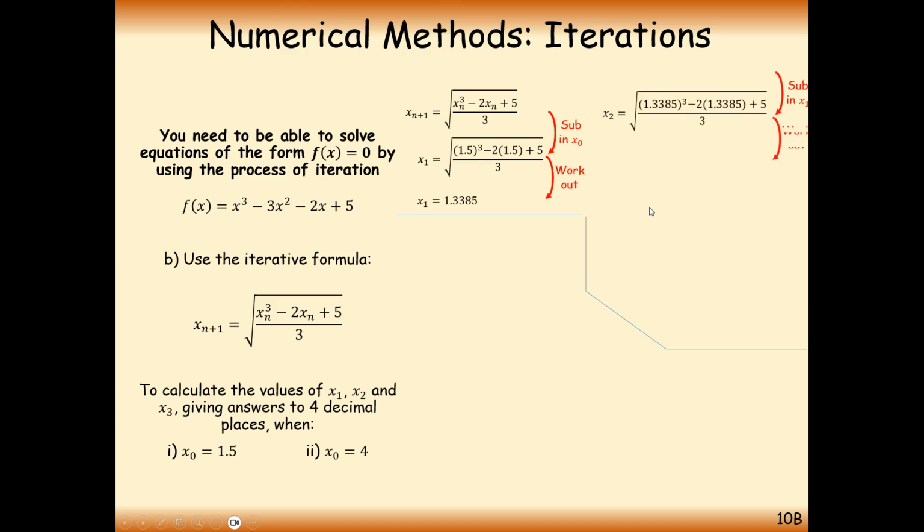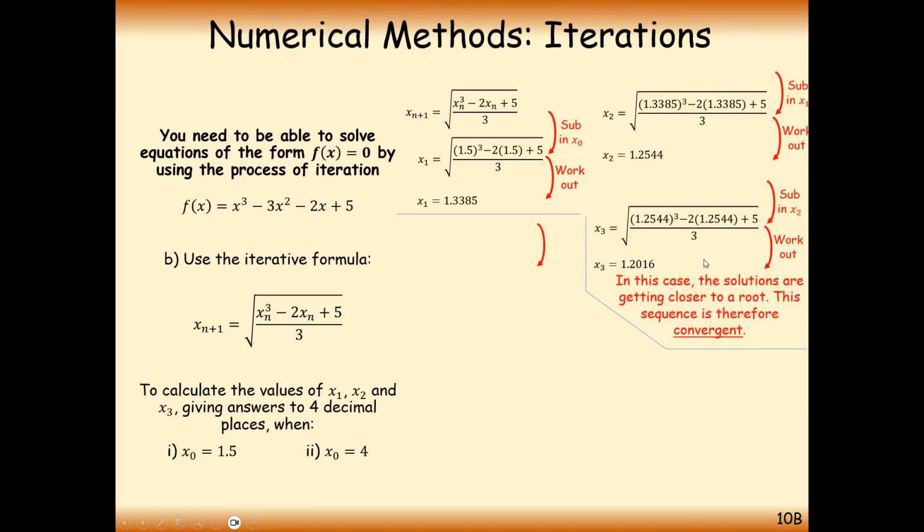What you end up with is 1.33, 1.25, and 1.2. This is slowly converging towards one of the roots of the polynomial. Then you can use the number 4 as your starting value.